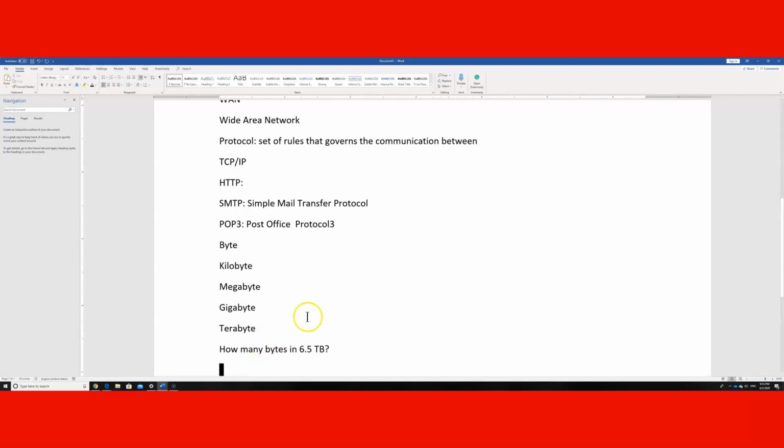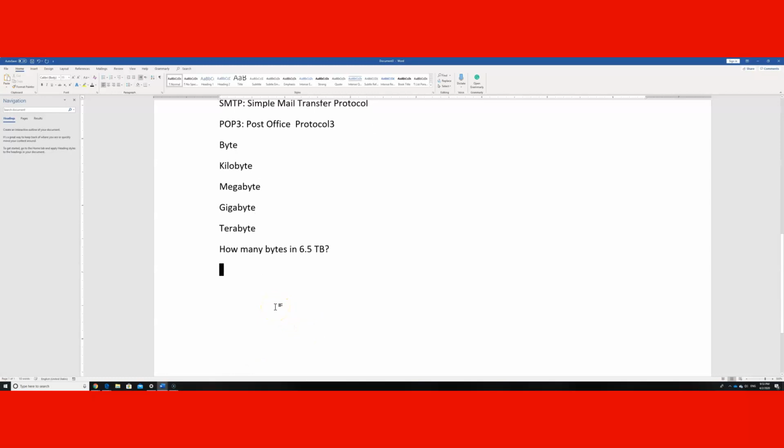The answer would be, first of all, to determine the relationship between the bytes and the terabytes. There are 4 jumps between the bytes and the terabyte, and each jump will cost me 2 raised to the power of 10. So 4 jumps is 2 raised to the power of 40, which is equal to 1024 raised to the power of 4. Both of these are equal. And this is the relationship.